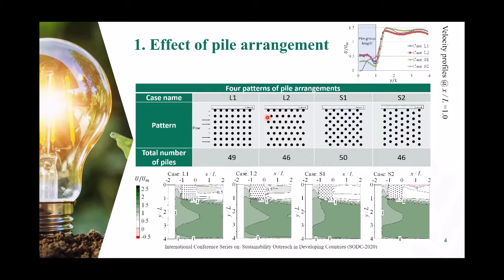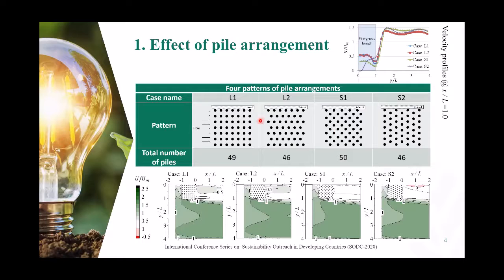In L2, the rows are moved horizontally, but in S2, each column is moved vertically to the center of the next 2 piles. But S1 is a combination of L2 and S2. The rows are moved horizontally and vertically.